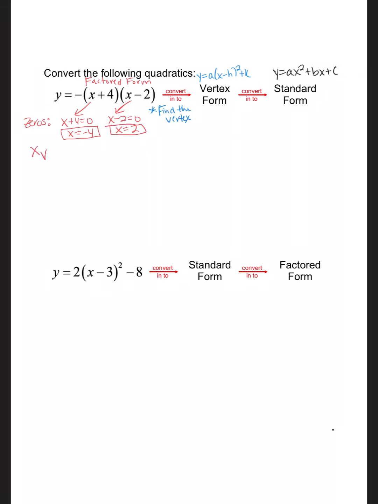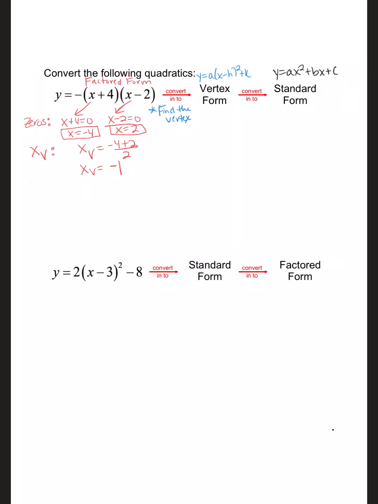From there, we're going to find the x value, or the axis of symmetry. That's the xv. So the x value of our vertex is going to equal negative 4 plus 2 divided by 2. So negative 4 plus 2 is a negative 2 divided by 2 is a negative 1.